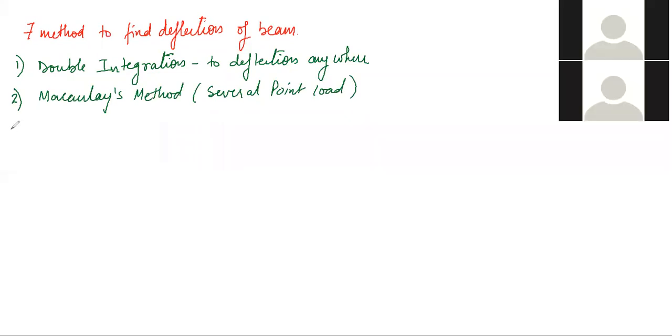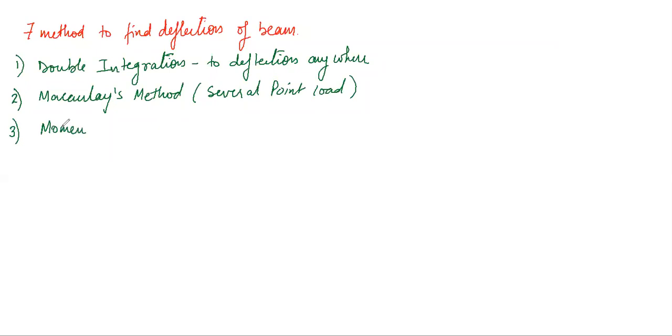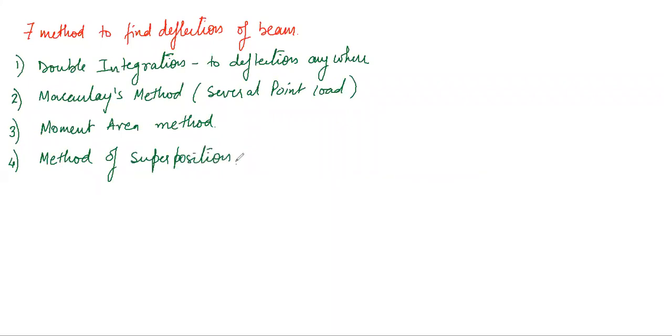The third method that we'll see is the moment area method. These are the scope of study we'll see in the coming slides, right? The fourth method is the method of superposition. There are a number of loads, but the deflection due to them can be found individually. The fifth method is the conjugate beam method.